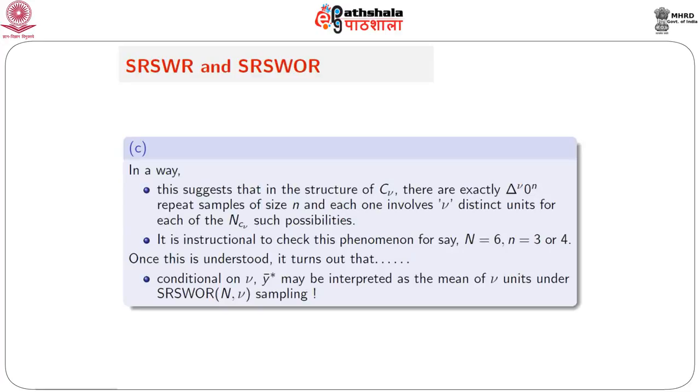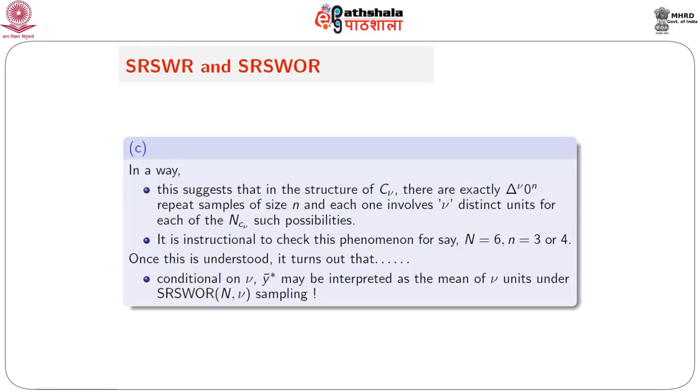Once you have understood this, you can see that conditional on nu, for every fixed value of nu, y bar star, which was based on distinctive units, may be interpreted as the mean of nu distinctive units under SRSWOR sampling of size nu. So remember, the moment you are conditioning on nu, you are capturing that part of the sample space where every sample has nu distinctive units, and you know exactly how many samples there are.